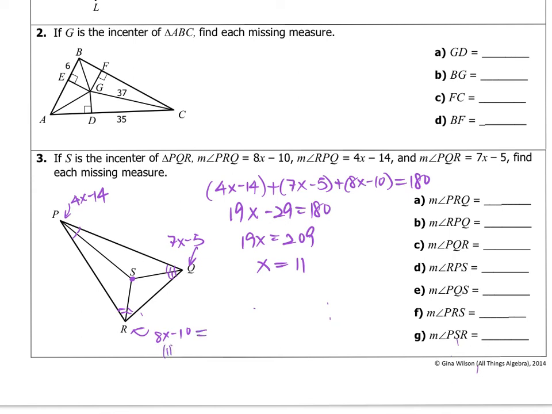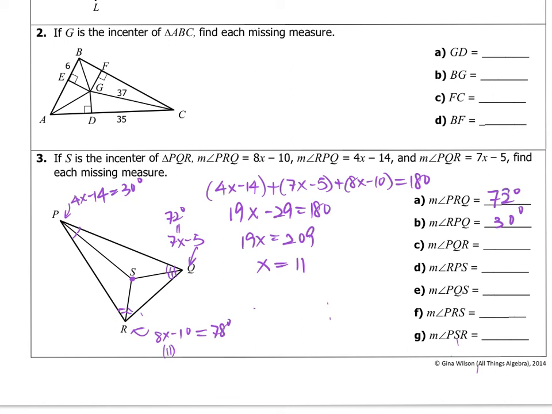So with x equal to 11, this would give me 78 degrees, this would give me 72 degrees, and this would give me 30 degrees. Now I can start filling the blanks. The angle PQR is 72 degrees. Angle RPQ is 30 degrees.